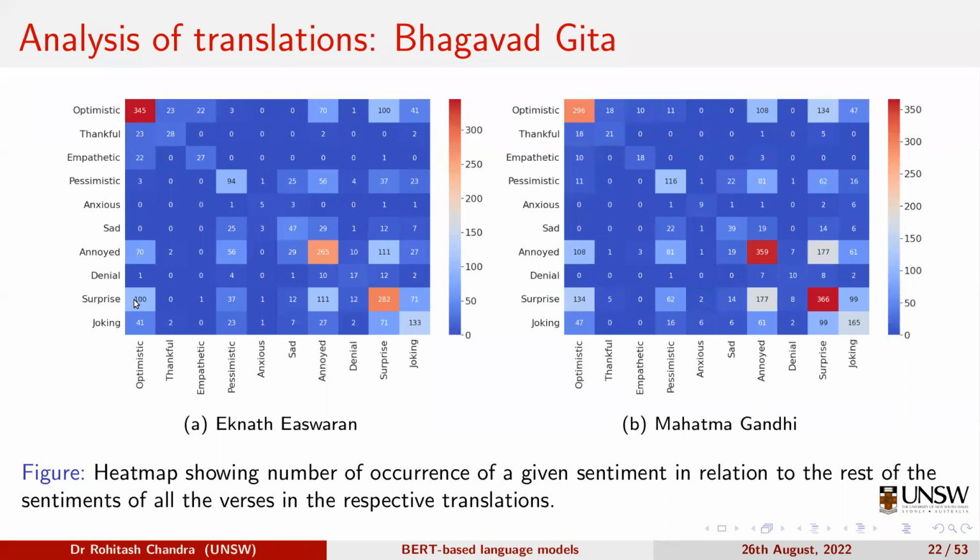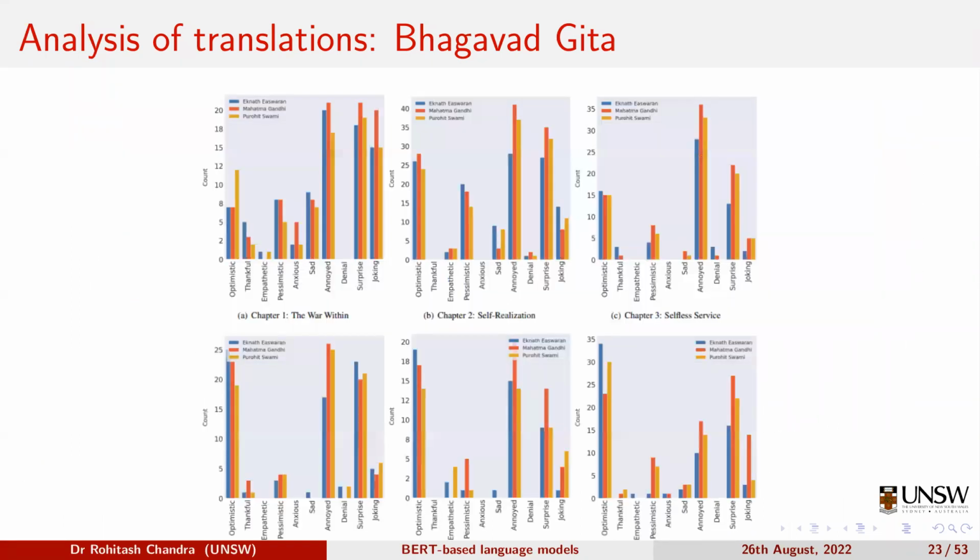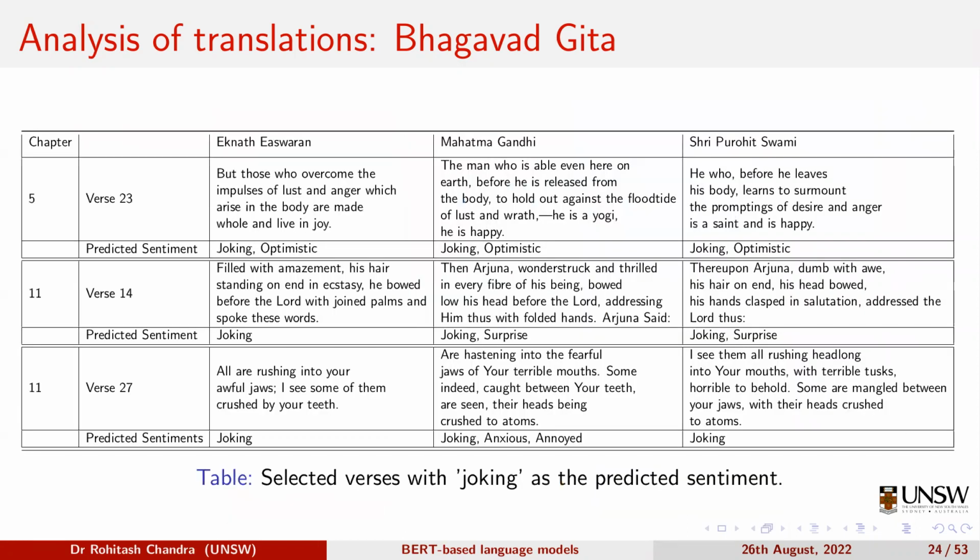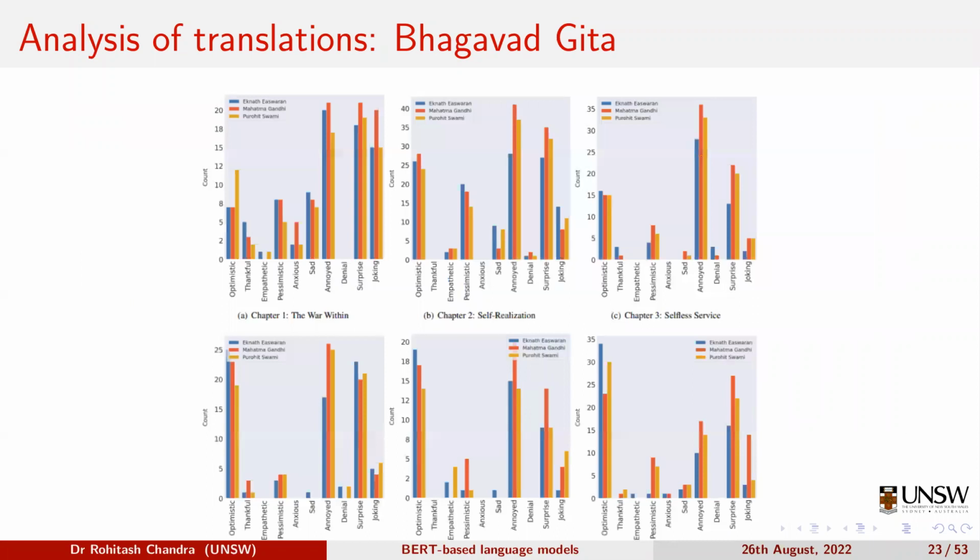So similar combinations are there. The numbers are different, but the ordering is very similar, or almost the same. And when we go by chapter, we see the trend is that in most of them they are somewhat similar.